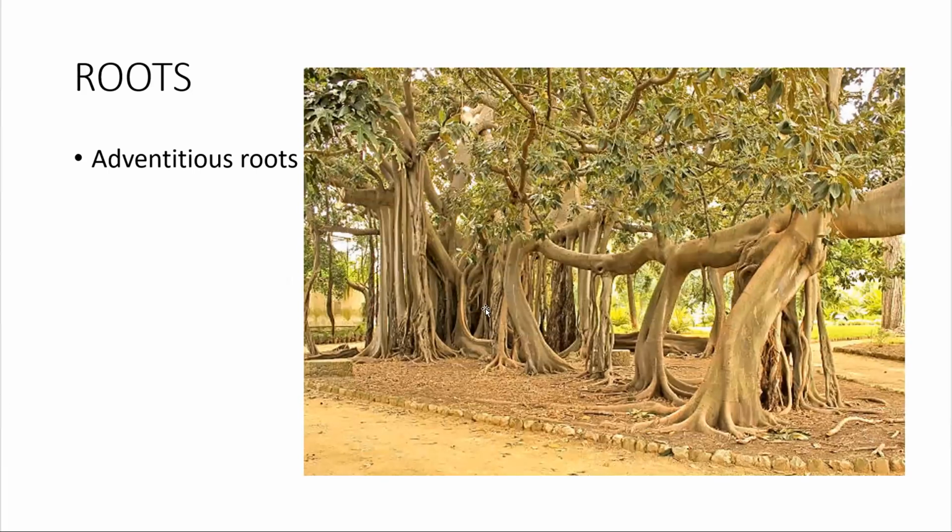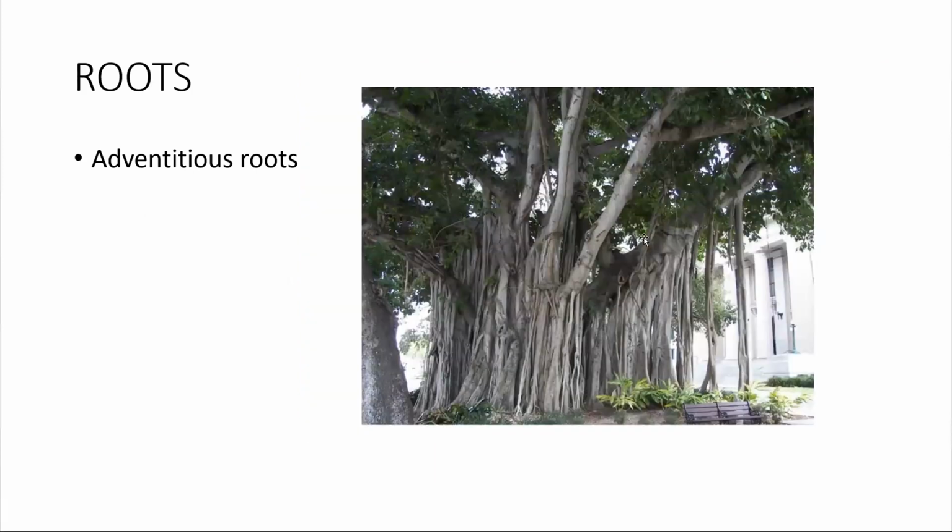So let's look at some examples of adventitious roots. This is a ficus tree, and these are called buttress roots. So the main tree probably started somewhere in here. As it grew up, it actually starts dropping down some roots or some modified stems towards the ground until it hits the ground, and at that point it roots in, and that's considered an adventitious root.